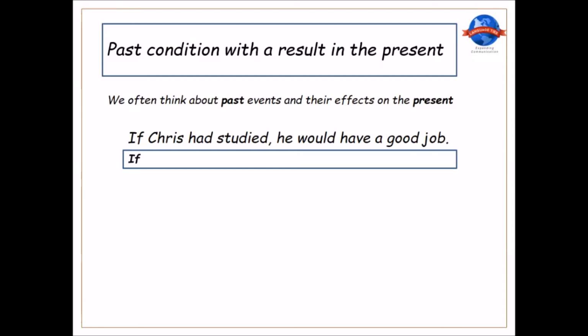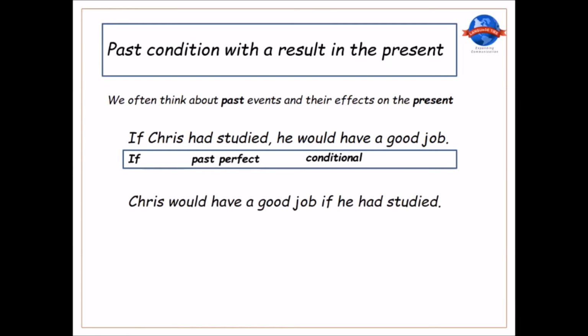If past perfect in the conditional clause, that is related to a past condition, and conditional simple in the main clause because it is related to the present. We can also say Chris would have a good job if he had studied.